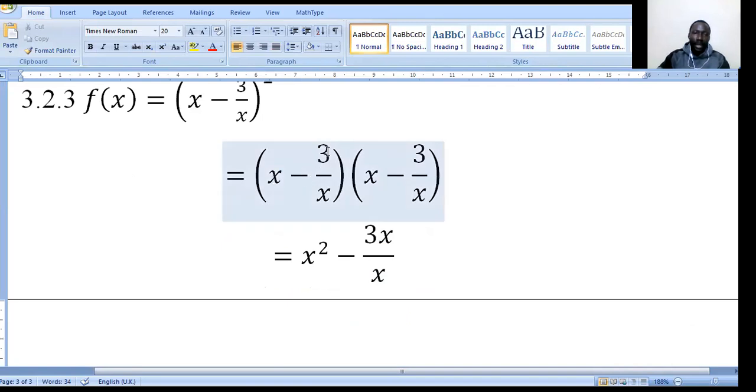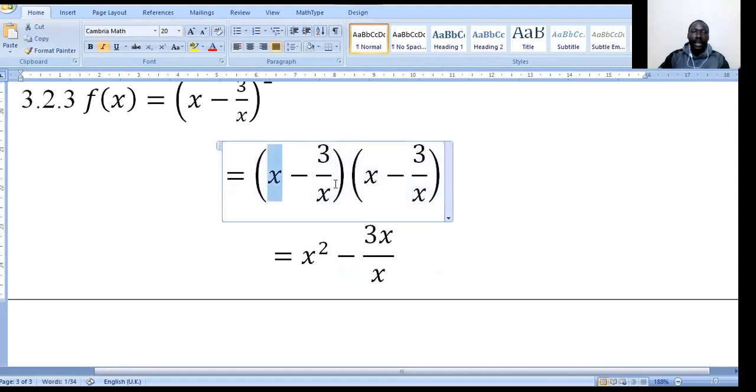Then now we have to multiply this 3 over x times the whole of that, okay? The first thing is to multiply this x times everything here. So when we multiply x times x, we get x squared. Then when we multiply x times 3, we get 3x, then over x.